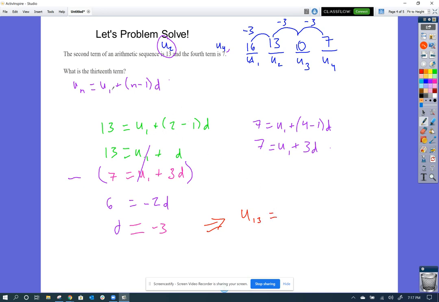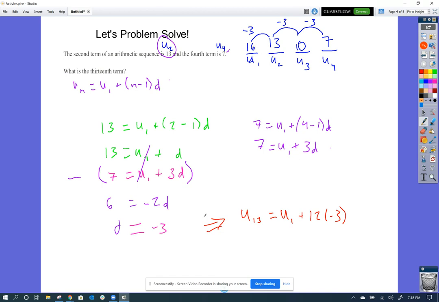Well, we have a formula for that right here. u sub 1 plus 13 minus 1, which is 12, times the common difference. All right, and at this point, yes, we do have that 16.